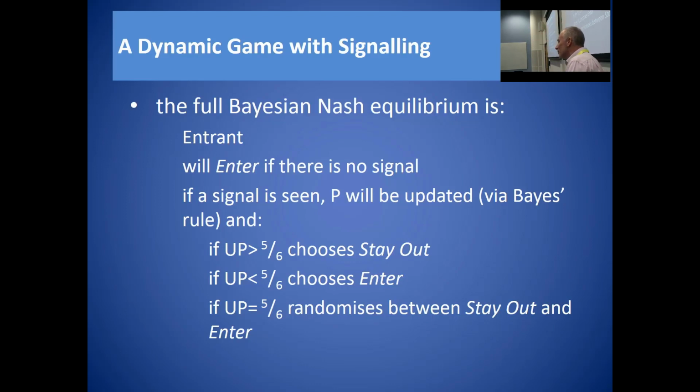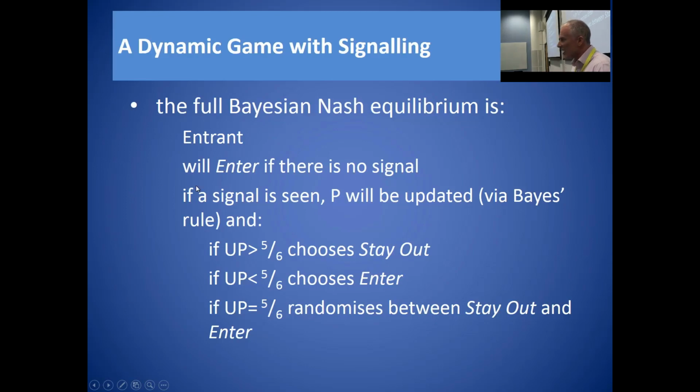Because what will the strong monopolist always do? Send a signal. Therefore, if you don't receive a signal, it means the monopolist can't be strong. If the monopolist isn't strong, you know it's going to acquiesce to market entry, that it's weak. Hence, you'll always choose to enter.